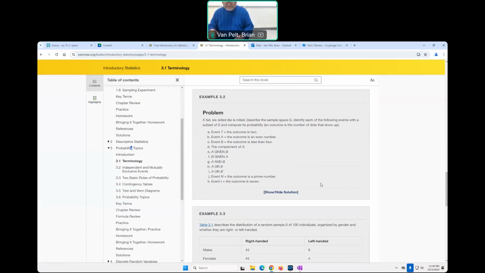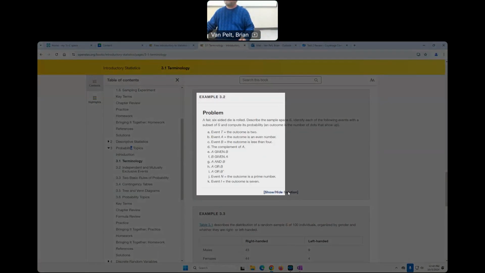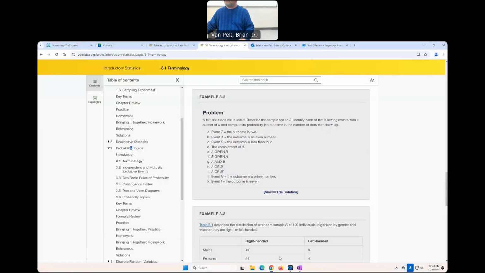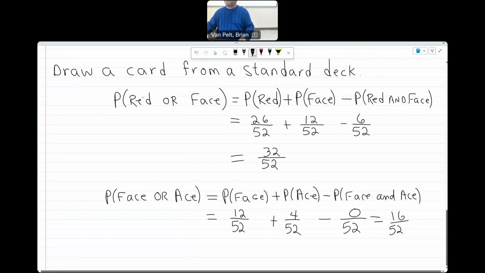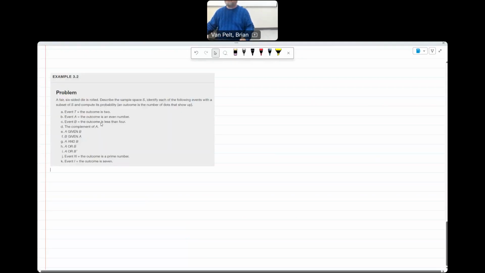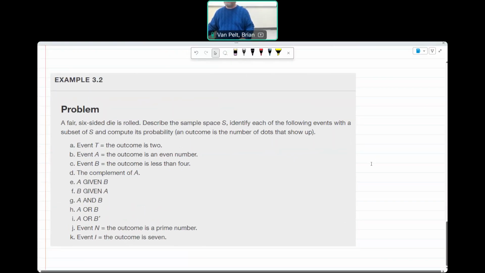Let's grab, this is a good one to grab. This one has all sorts of things you can do with these.